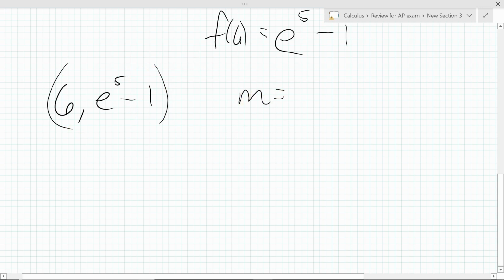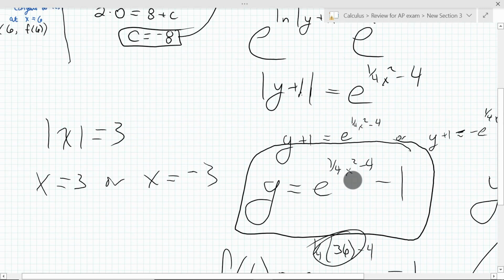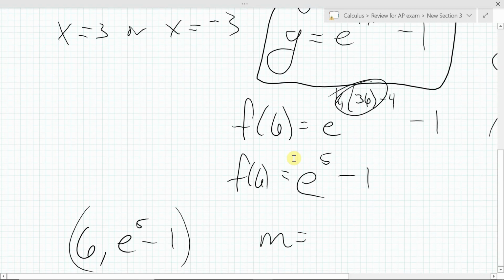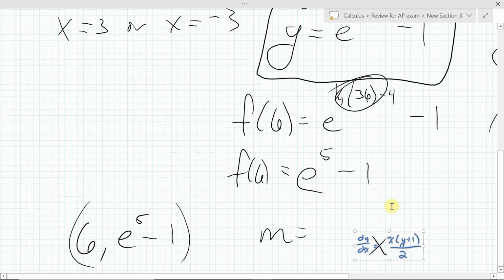Well, to get the slope, I'm going to need to go back to my equation here. And the numbers here aren't awesome. But so here's my slope equation. But don't be bothered by that, right? We're just going to go with the strategy that we know.